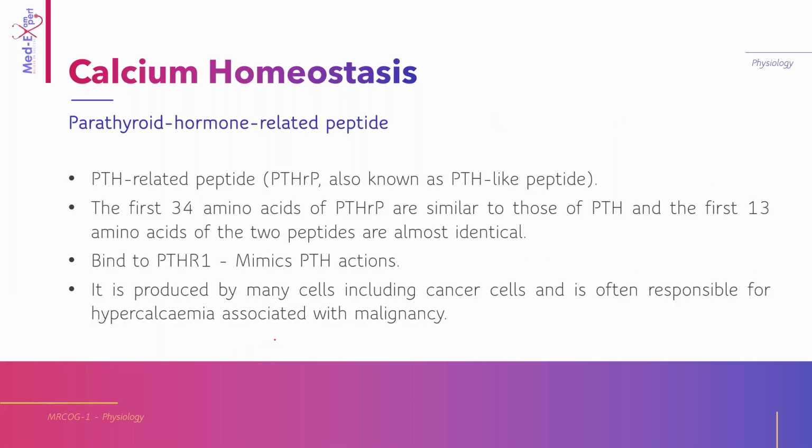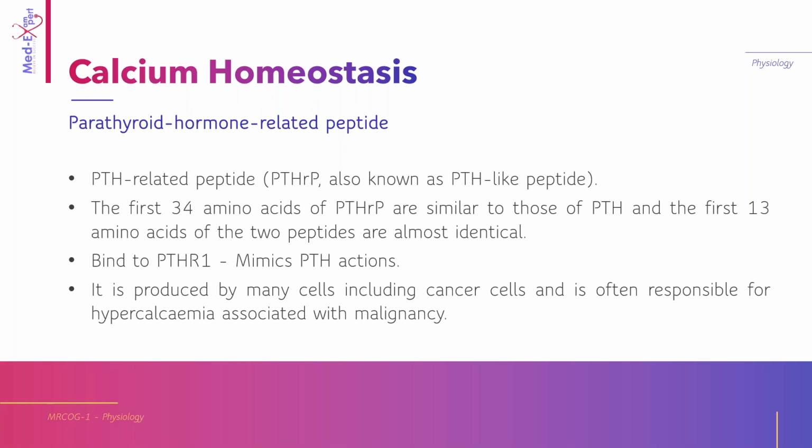This is a note to be known: there is something called the parathyroid hormone related peptide. This hormone related peptide is somewhat similar to the parathyroid hormone. The first 34 amino acids of both molecules are nearly the same.